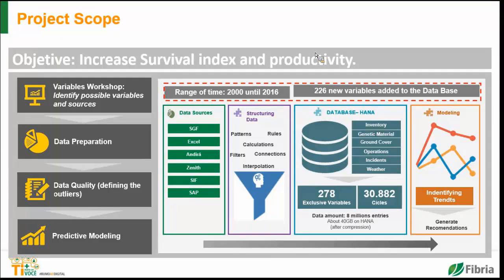You can see that we have a lot of variables, like 278 variables, and a lot of cycles. These cycles are like forests that are treated in this project. And after that we go to the final step, which is the modeling, identifying trends and generating recommendations to the business area.